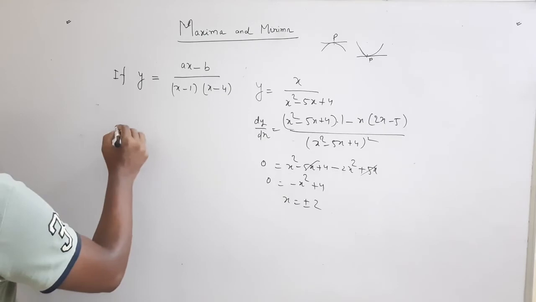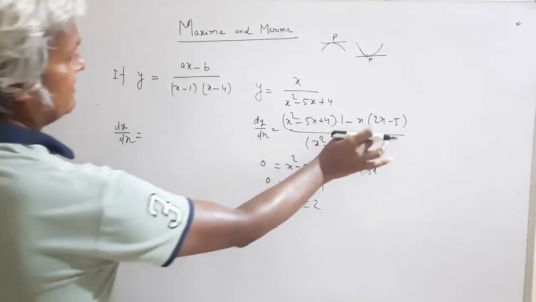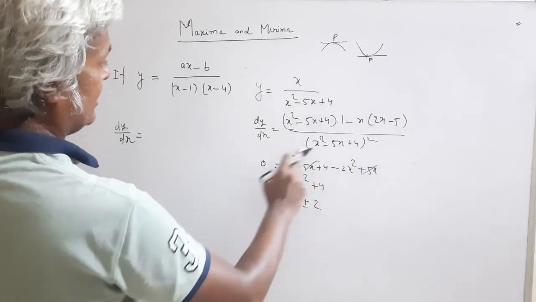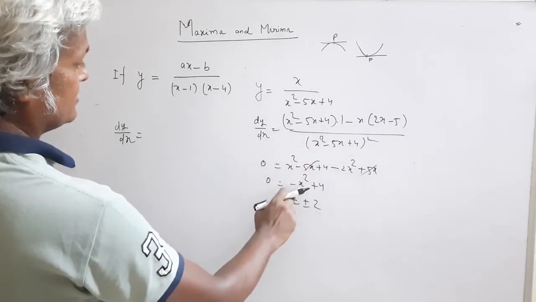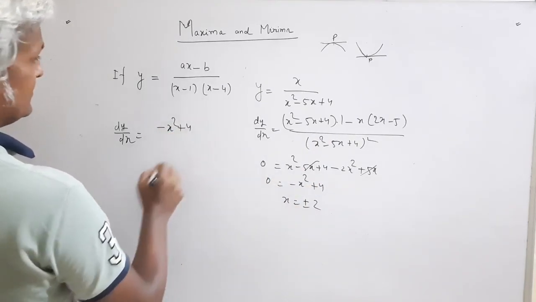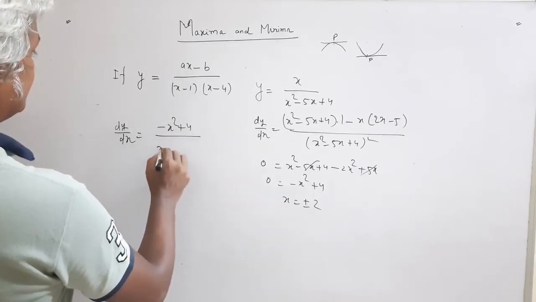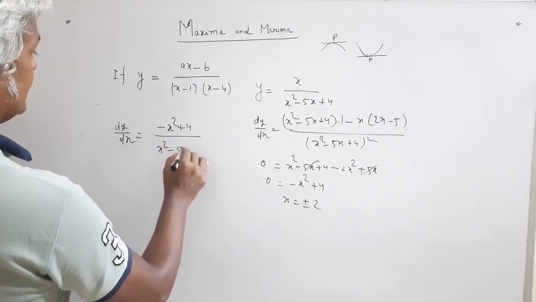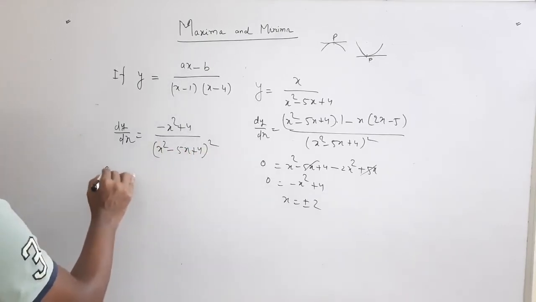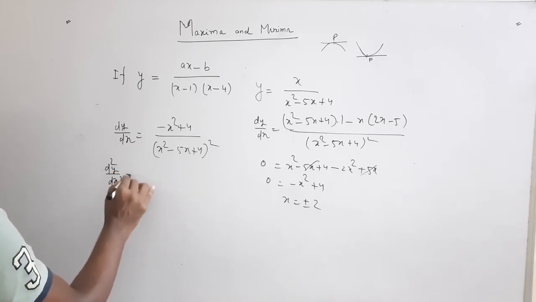So here I write my dy by dx. On the top you have minus x square plus 4, and in the denominator you have x square minus 5x plus 4 whole square. Then I find d square y by dx square.